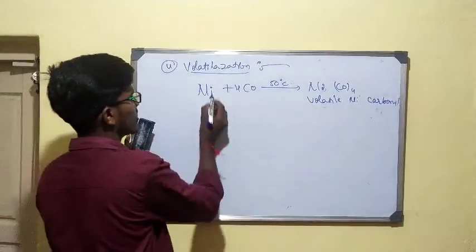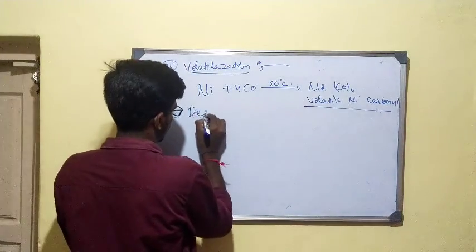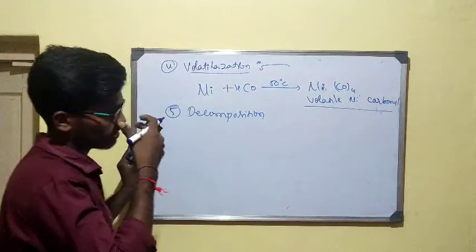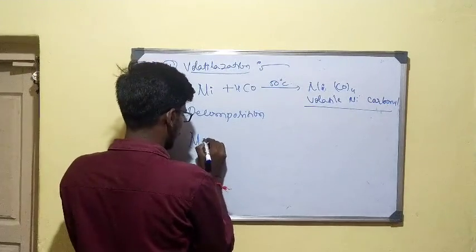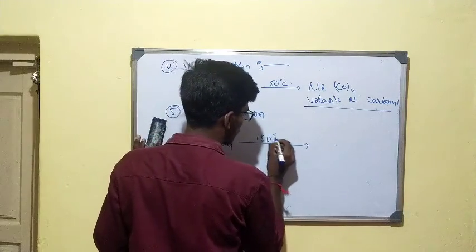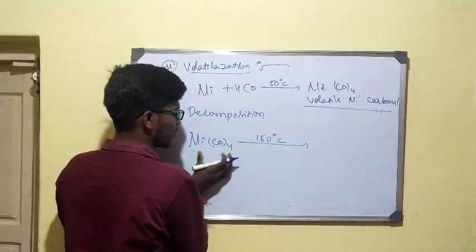In this volatilization, you form volatile nickel carbonyl, and then I am going to carry out a decomposition. Decomposition is where this nickel carbonyl is heated at a specific temperature, 180 degrees Celsius.